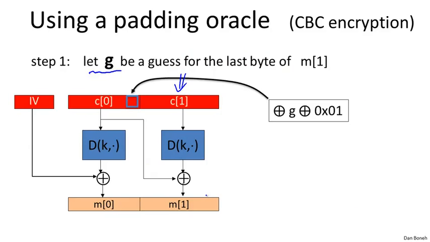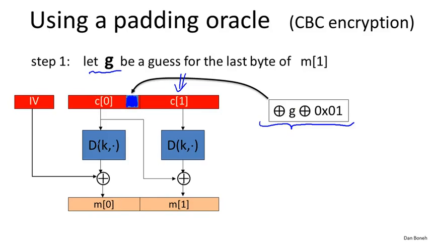He will XOR the value G XOR 01 into the last byte of the previous block, C0. All he did is take the last byte of the previous block and XOR it with his guess XOR 01.